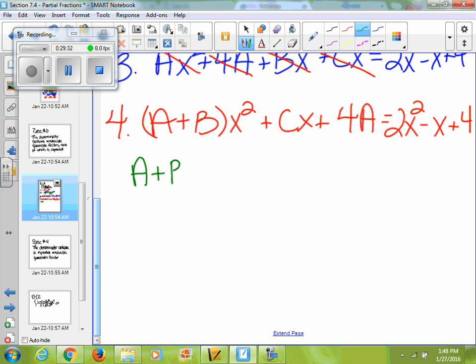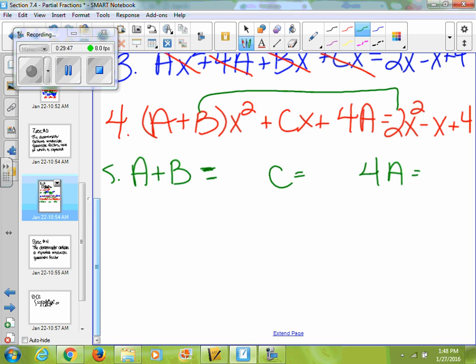Okay, so then you group your numerators. If I'm looking at just my x squared factors, then I group them to my x squared factors. So a plus b would equal 2.